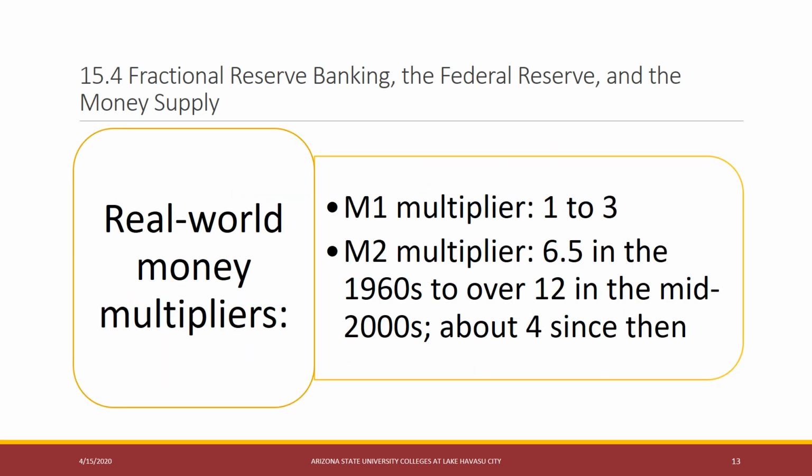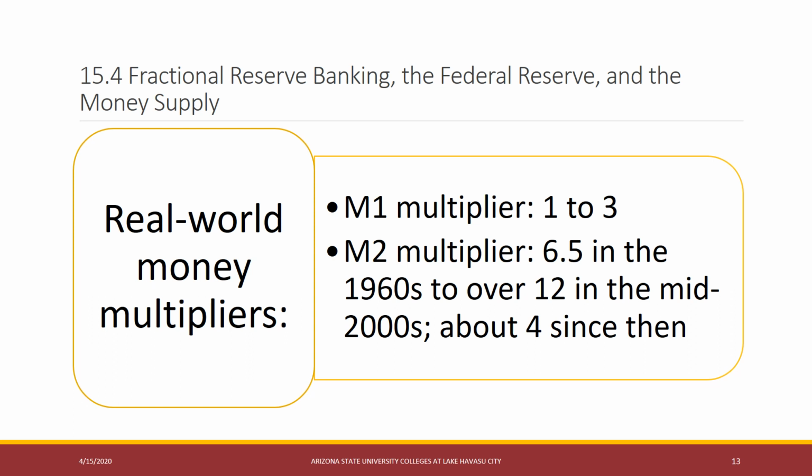Now, I'll talk about real world money multipliers. The potential money multiplier is rarely attained for the banking system as a whole. Each definition of money supply, that is M1 or M2, will result in a different actual money multiplier.